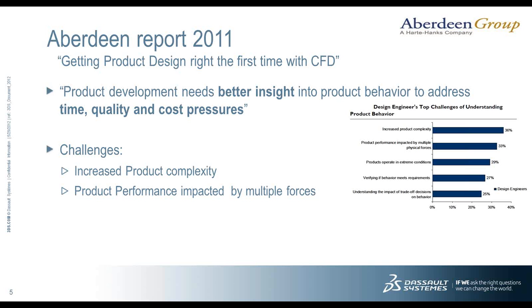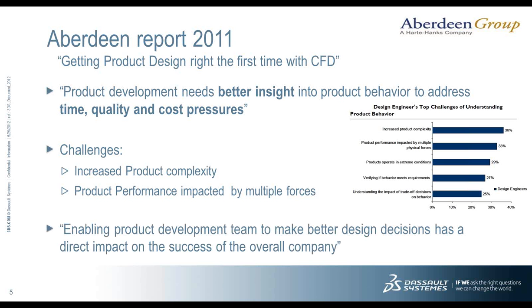These forces, coupled with the complexity of the product, make predicting how the product will function in the real world pretty difficult. These challenges create a need for an improved way of assessing product behavior. Standard testing methods or experience are not enough anymore. Addressing these challenges will allow companies to improve the overall product integrity and then answer business pressures.